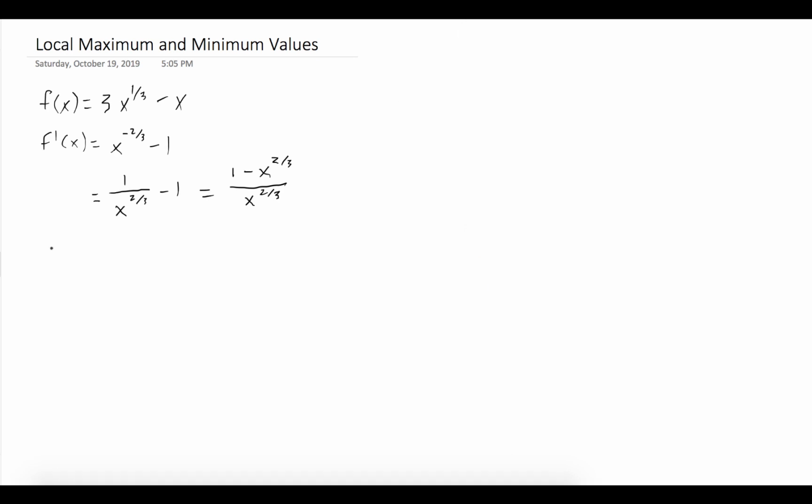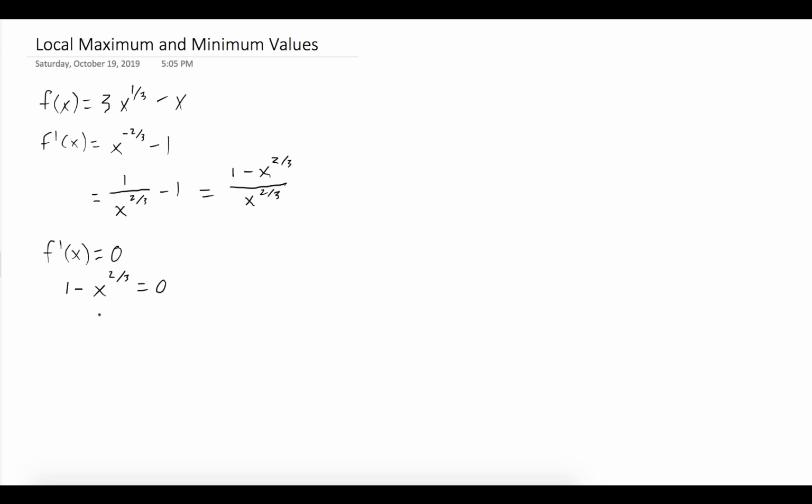So we'll start by looking for when f prime of x equals 0. And since f prime of x is a fraction, it is equal to 0 when its numerator is equal to 0. So we have 1 minus x to the 2/3 is equal to 0.